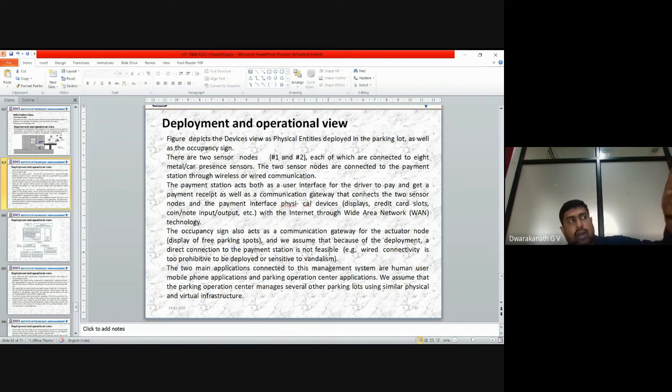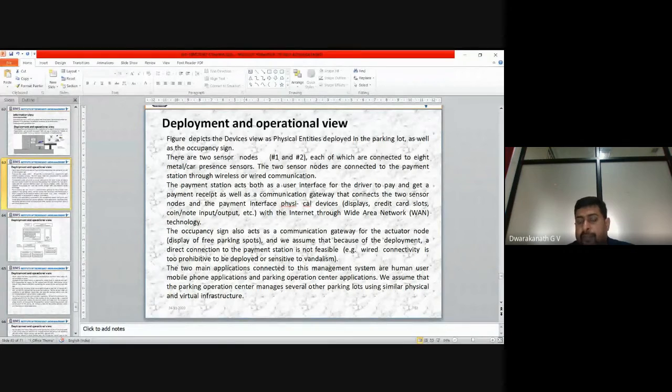For example, wired connectivity is too prohibitive to deploy or sensitive to vandalism.